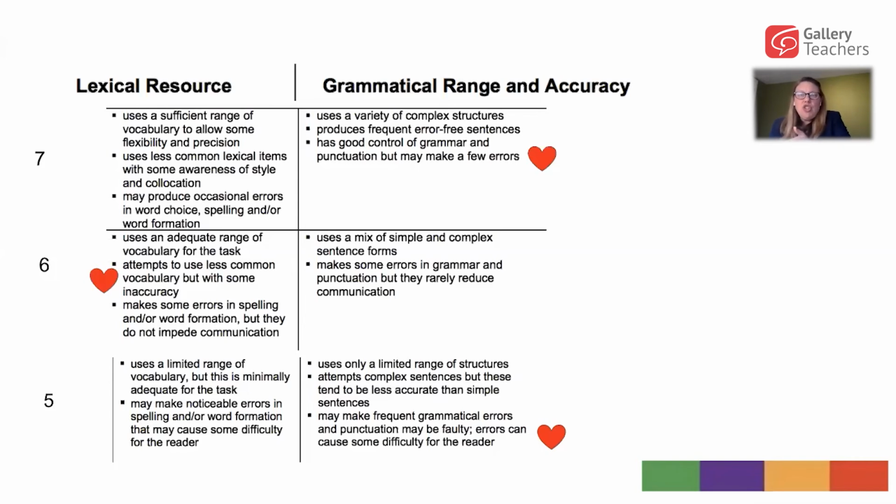Now let's move on to GR, so grammatical range and accuracy. Let's look at number 5. So we've got here, may make frequent grammatical errors, and punctuation may be faulty, causing difficulty for the reader. Now, what this means is if there are frequent errors, now we could be talking about basic errors like missing an S of the third person.